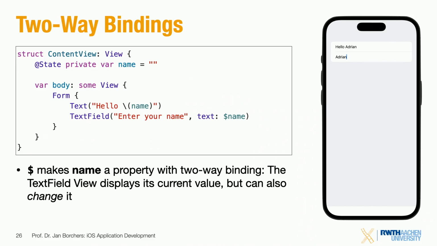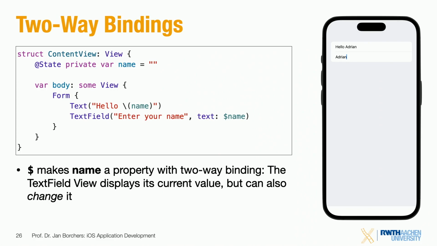Now, with this, you need to use a $ sign in front of the variable name here, because that turns this property, it's still a state property as we can see here, into a two-way binding property, meaning that the text field view will display the current value of the name property, and anytime it changes, it will update. But also, it can actually change it.